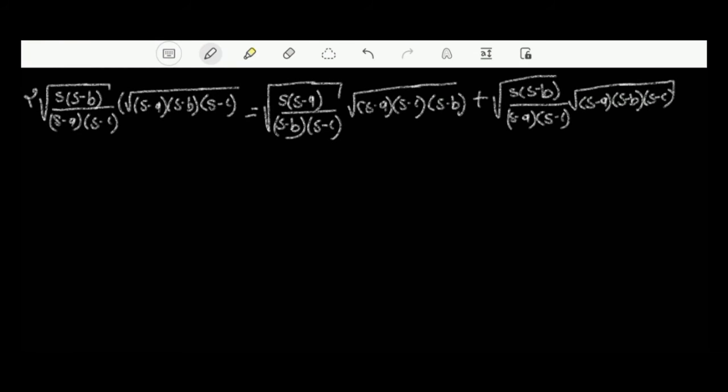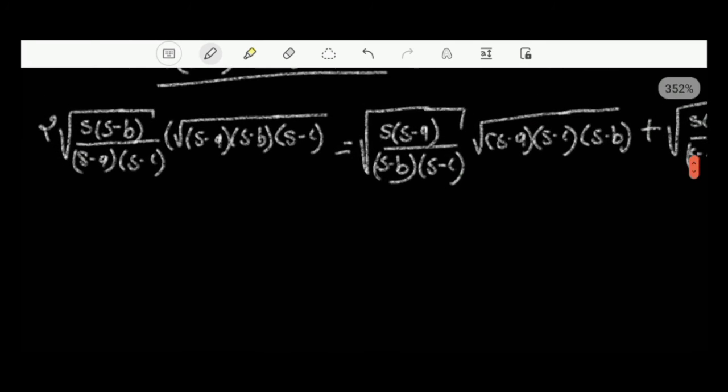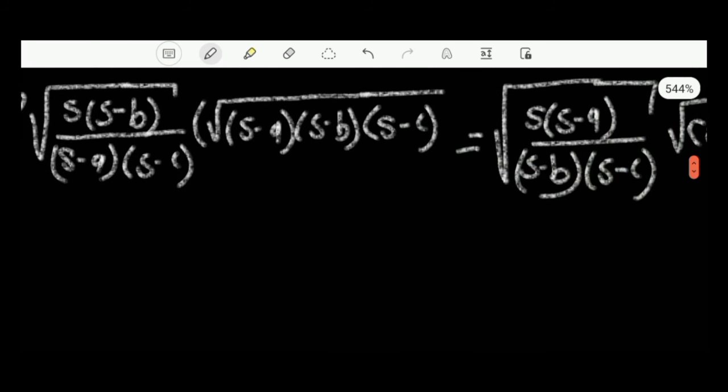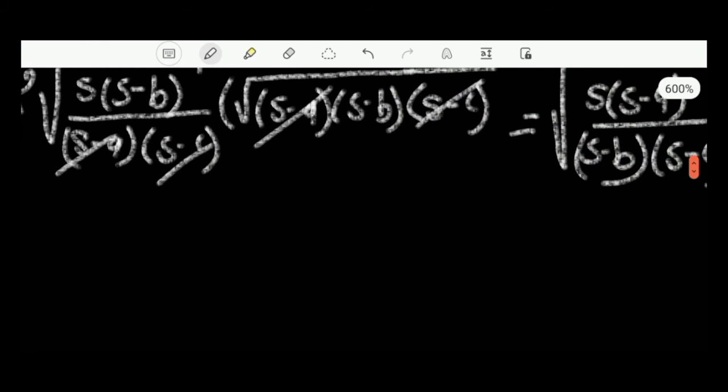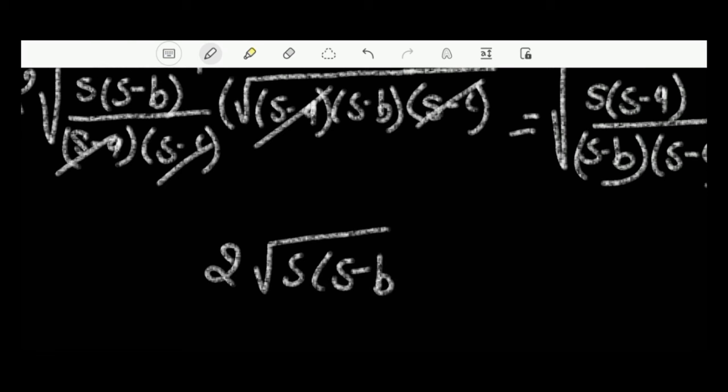And here I multiplied by the quantity both side, and here we can see some nice cancellations, like here s minus a from s minus a and s minus c, and we'll obtain that twice of s multiplied by s minus b whole square.